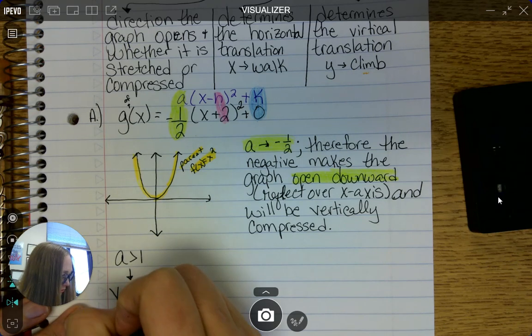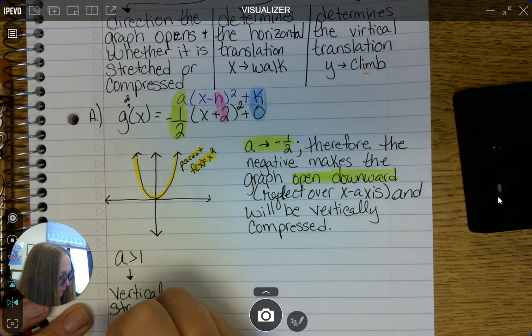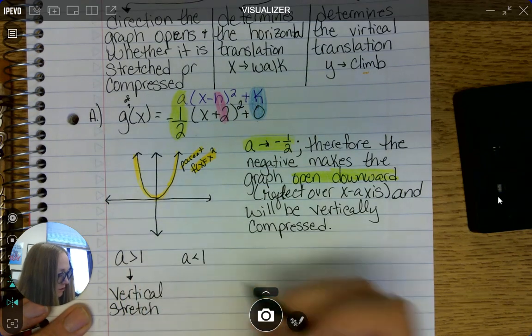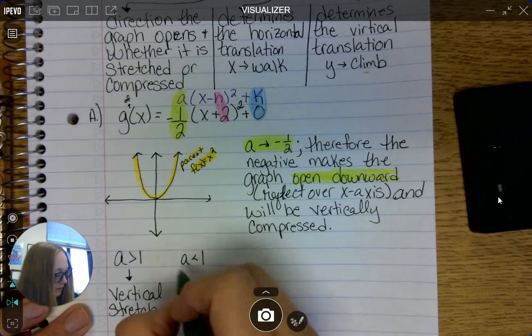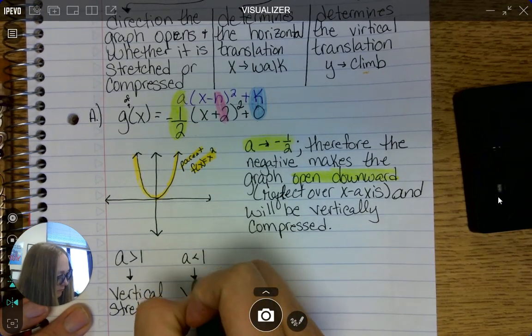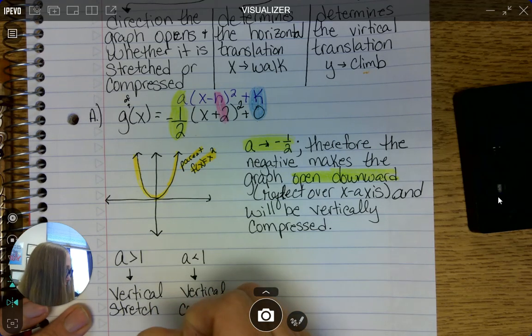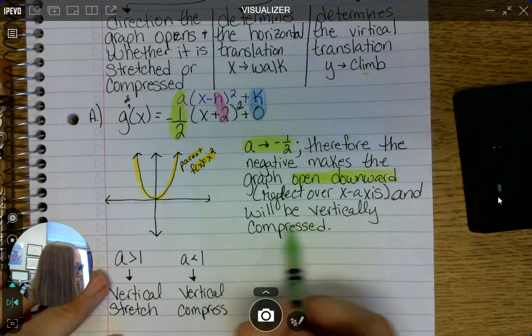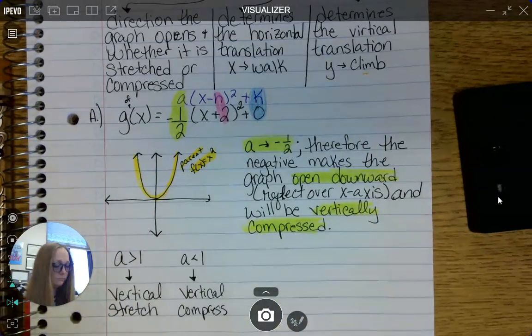I'm going to use the word vertical because we're going to see that in class a lot. And if A is less than 1, as we see here, 1/2 is less than 1, it is a vertical compress. It's going to get a little fatter. So two things that we get just from looking at the value of A.